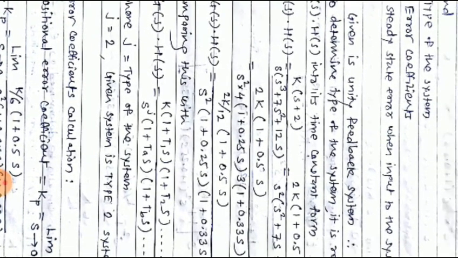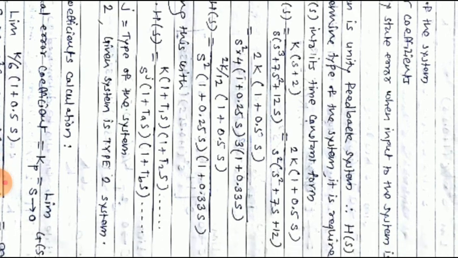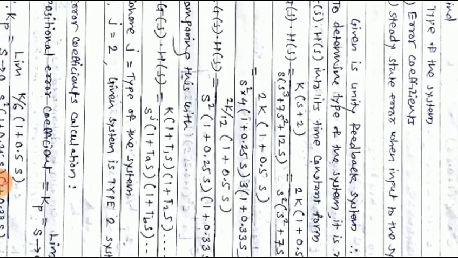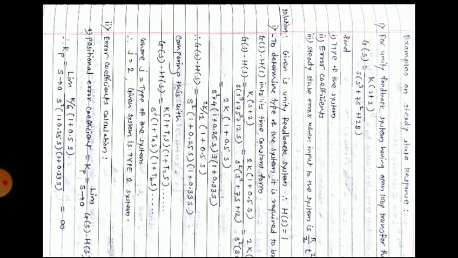Therefore you can see the value of j in the transfer function equation is 2. So j equals 2, so the given system is a type 2 system. Okay, so this is the type of the system. So this is regarding the poles and zeros, characteristic equation and the type of system. Thank you.